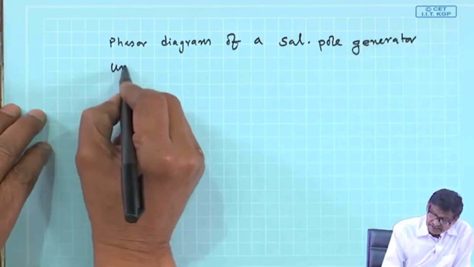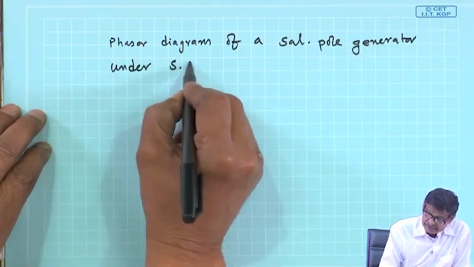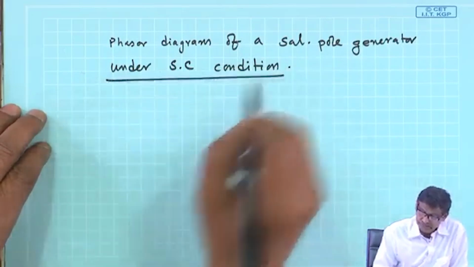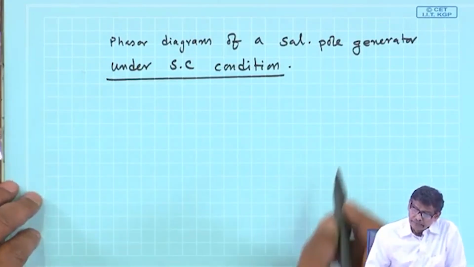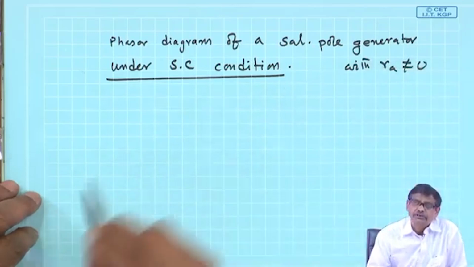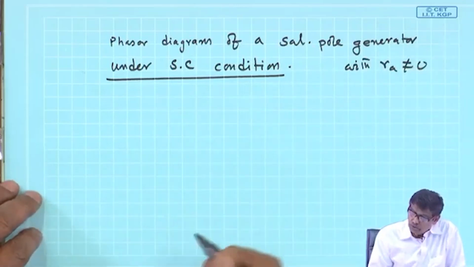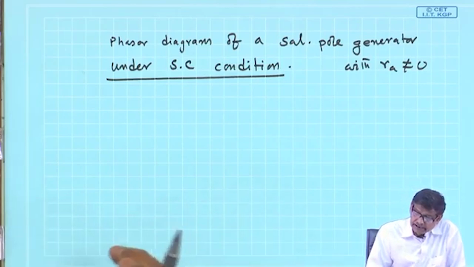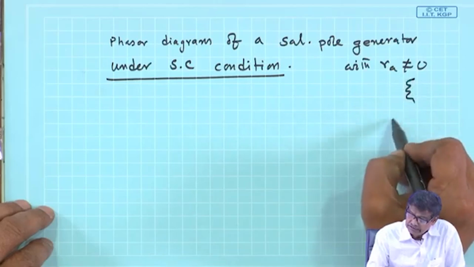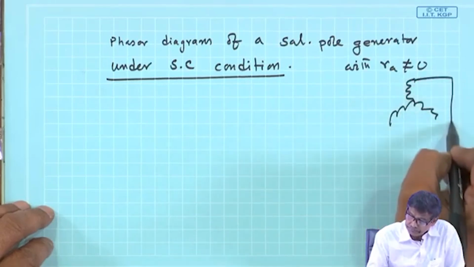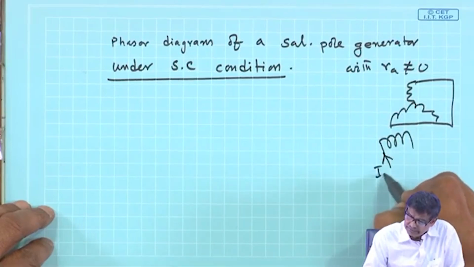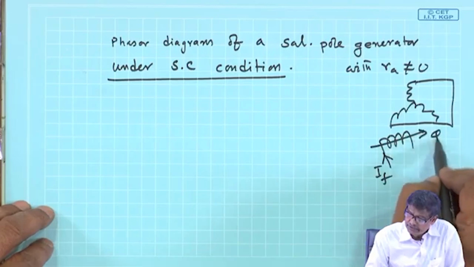under short circuit condition. Let us see how we can do it, with RA not equal to 0 suppose. So, what do I do? In case of a generator, the terminal voltage will be 0, there is some field current IF, some phi f is produced.